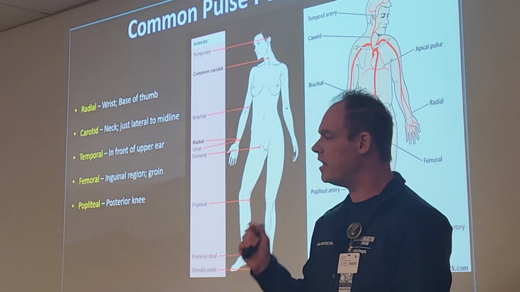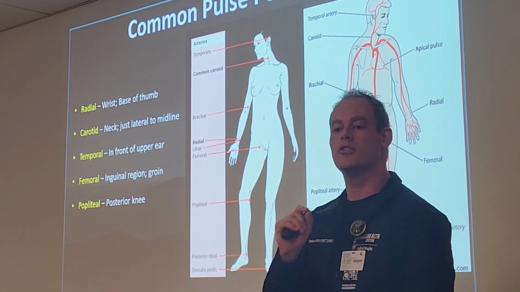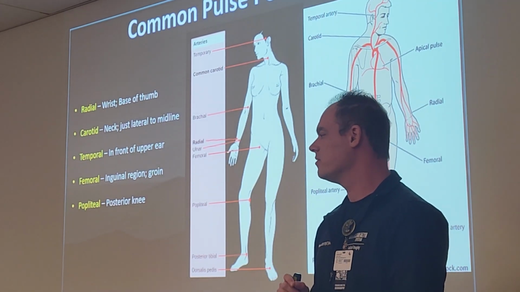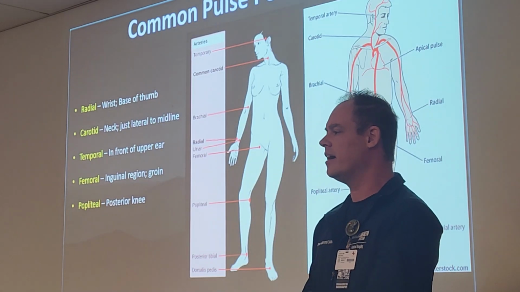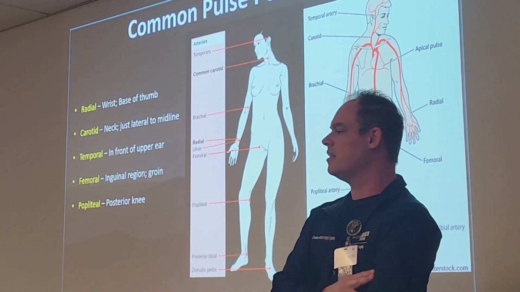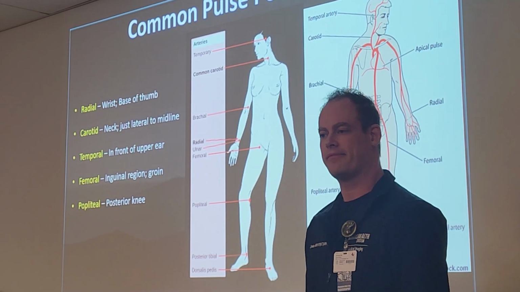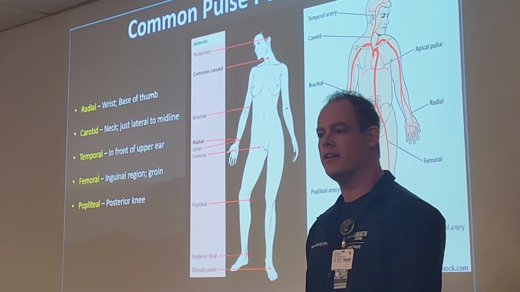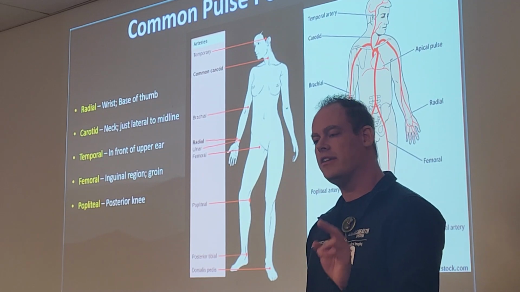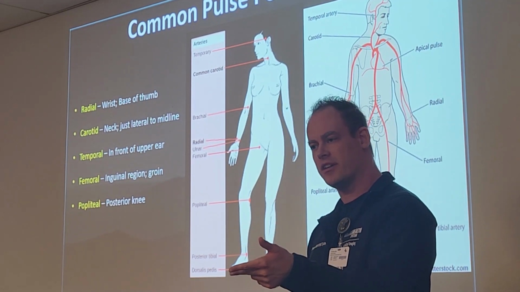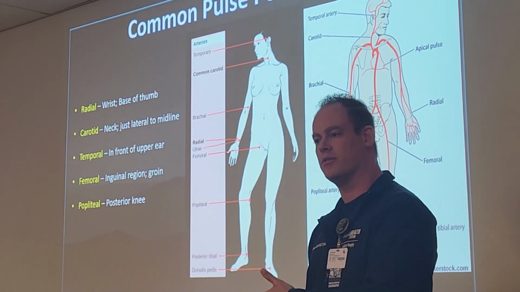The only one that differs is infants, 1 and below. You're going to use the brachial to check pulse. And where's the brachial? Inside the arm near the humerus. A year and below would be infant. A year to puberty would be pediatric. And after puberty, it's adult.